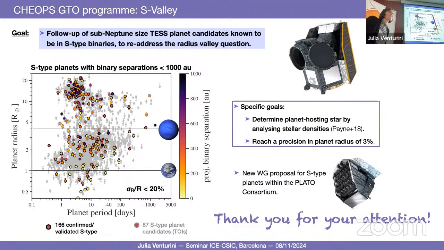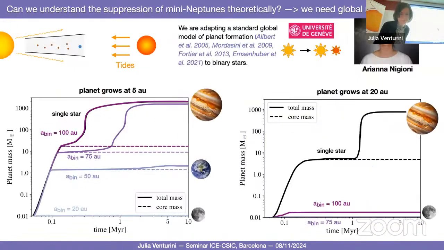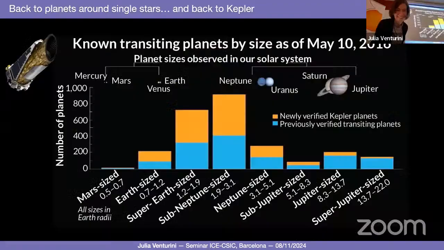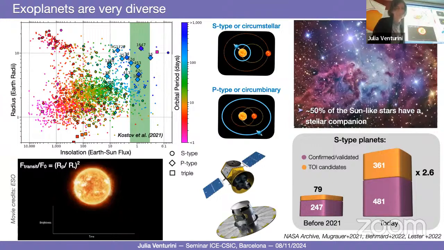Yes. One more. You mentioned that you are studying mostly S-type planets, because there's still no statistics on P-type, let's say. What can you say about what your feeling might be? What do you think about the P-type? Yeah, maybe I can show again one of the first plots. This one.